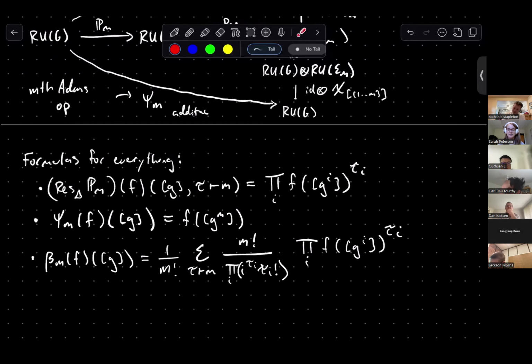So this bit is coming from these restricted power operations, and this bit is coming from sizes of conjugacy classes.